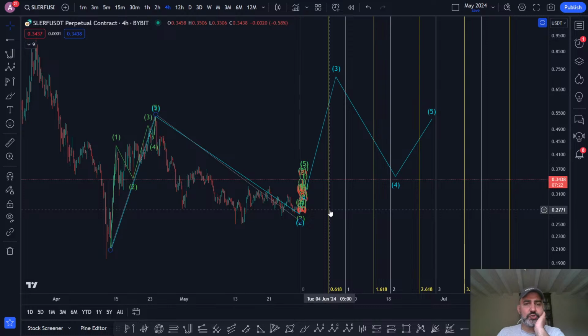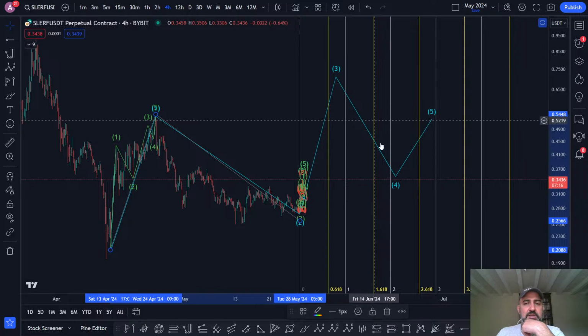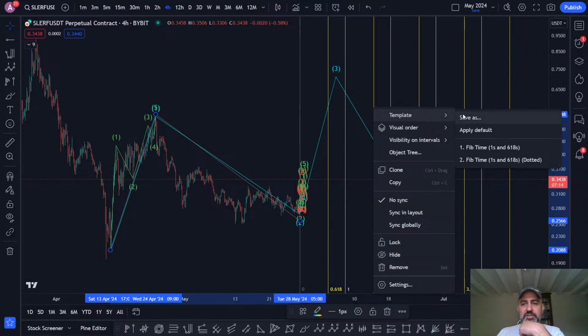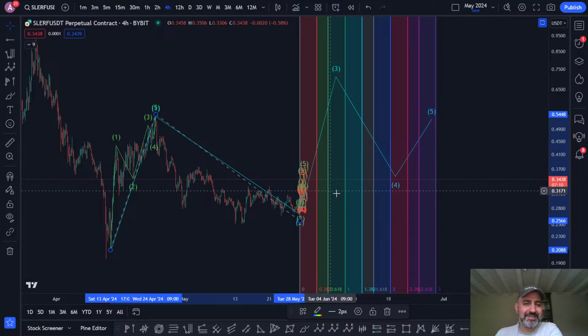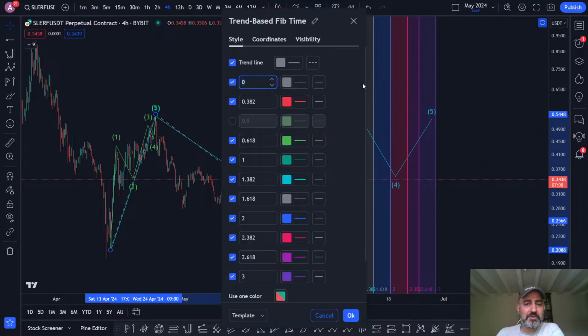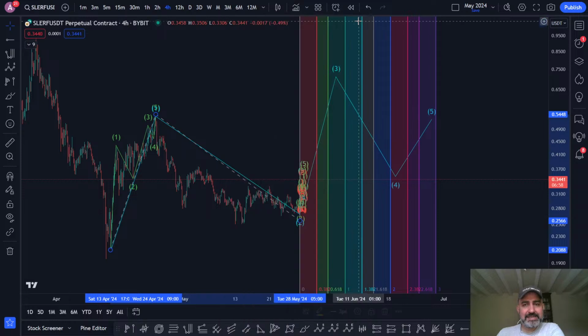With trend-based fib time, you have to change the coordinates yourself, because the default, let me just change it back to the default, is that shit. Look at that. It's very unhelpful. So you have to go in there and change it. Obviously here they use 382, 618, whatever, and you can just get rid of all that trash.